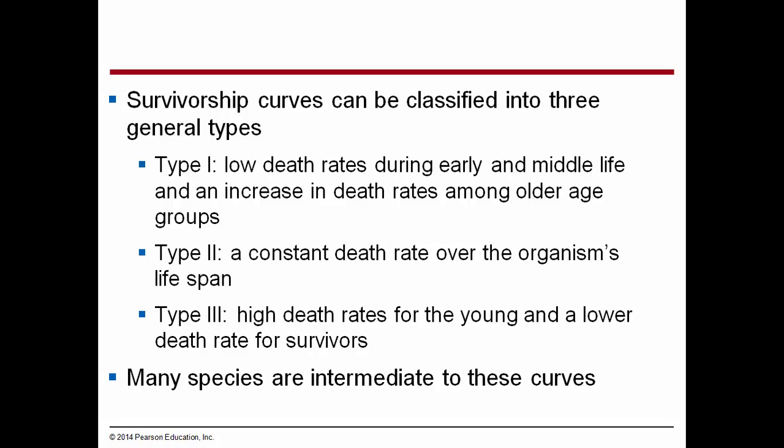Survivorship curves can be classified into 3 general types. Type 1 is low death rates during early and middle life, and an increase in death rates among older age. These are typically species that have a high degree of parental care. Type 2 is a constant death rate over the organism's lifespan.